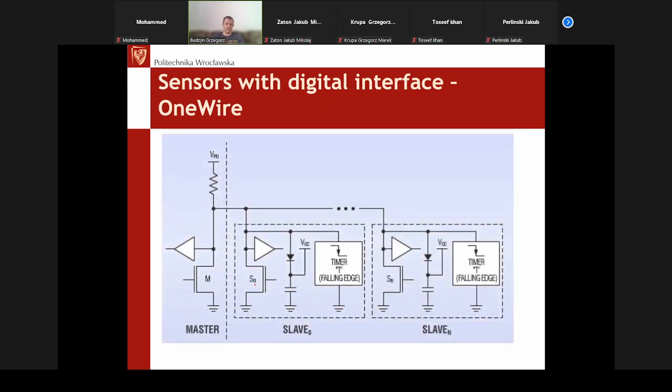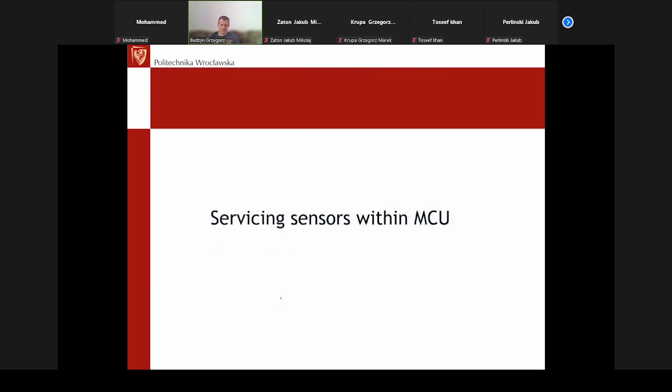Yeah, but still, it's working. Besides, in case of one wire, you should remember we've got the possible integrated power supply, which means that we can charge up the unused sensor, and then the sensor can use this energy during the operation.